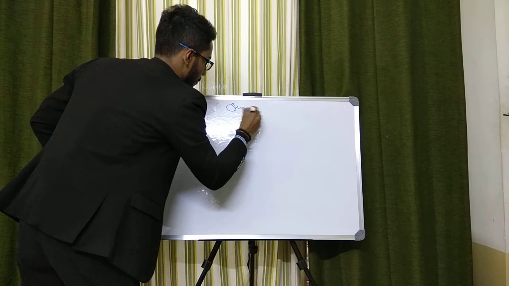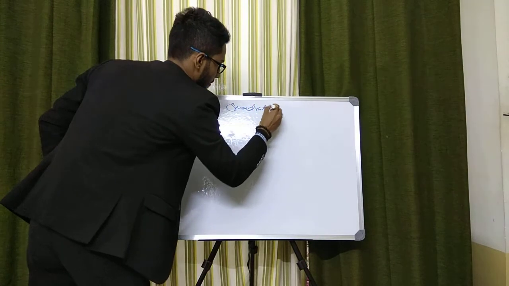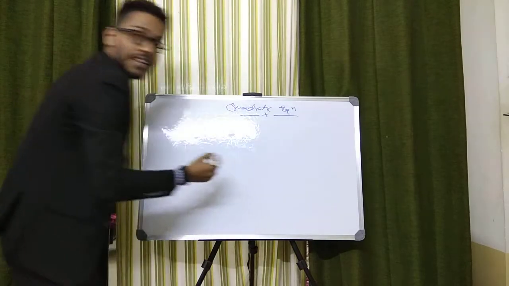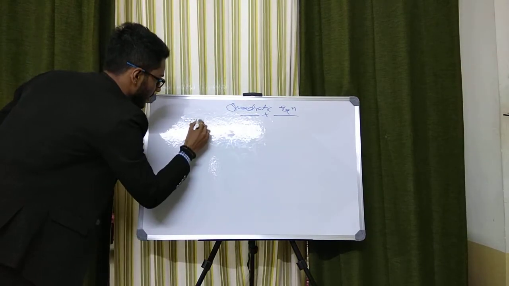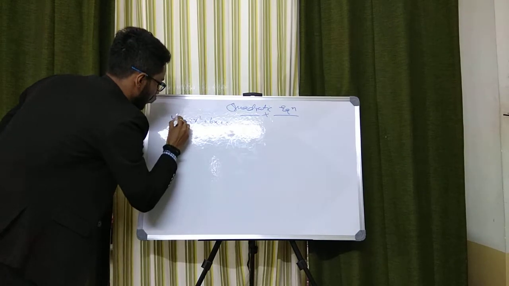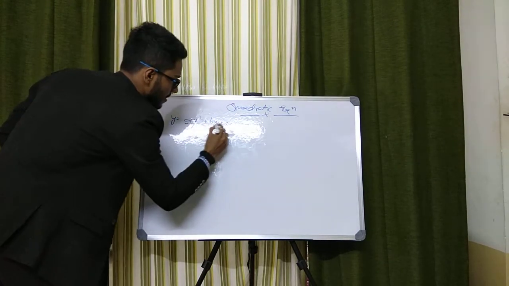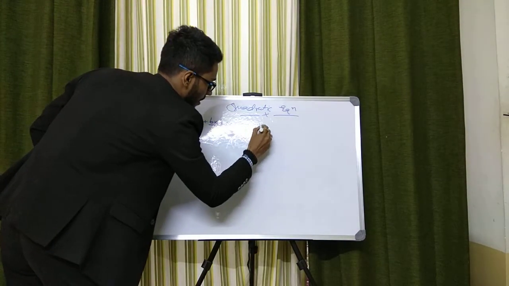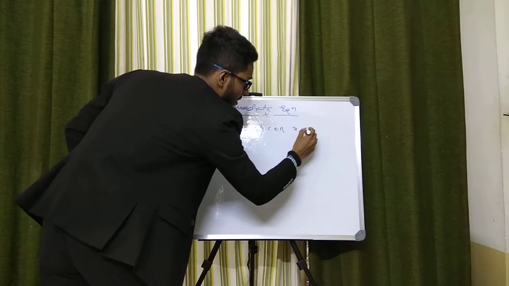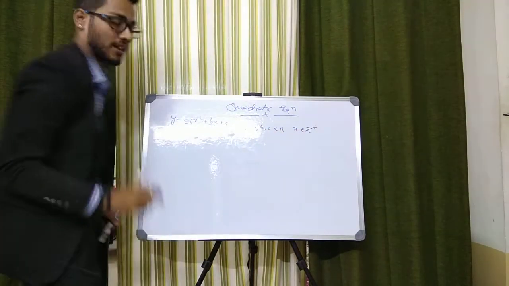So quadratic equation. When we say quadratic equation, what do we mean? We mean ax square plus bx plus c, where a, b, c belong to R, and most important, the power of x has to be a non-negative integer. Why?